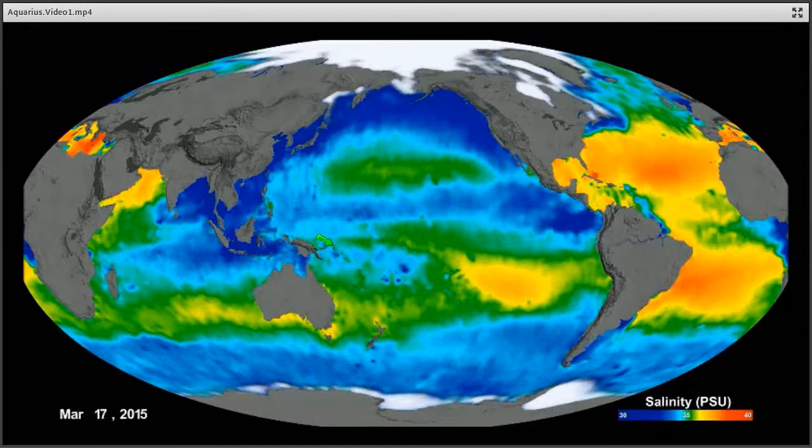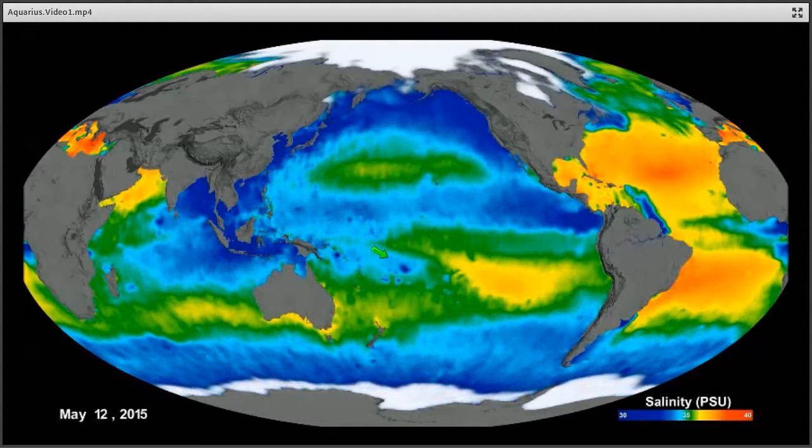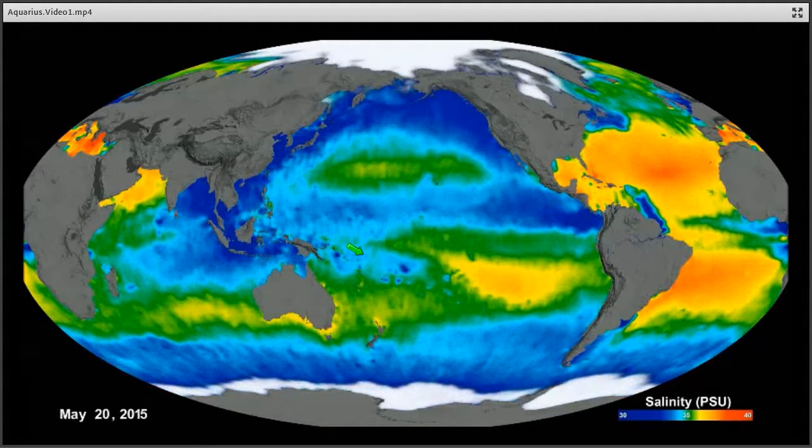And in the Pacific, there's also a rain band called the South Pacific Convergence Zone, or SPCZ. These are large tropical rain bands that are associated with heavy precipitation. So in this area, you see low salinity compared to the subtropics in all oceans that have higher salinity than the tropics.